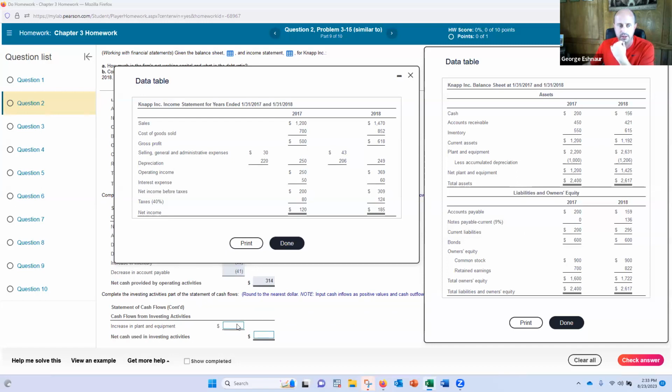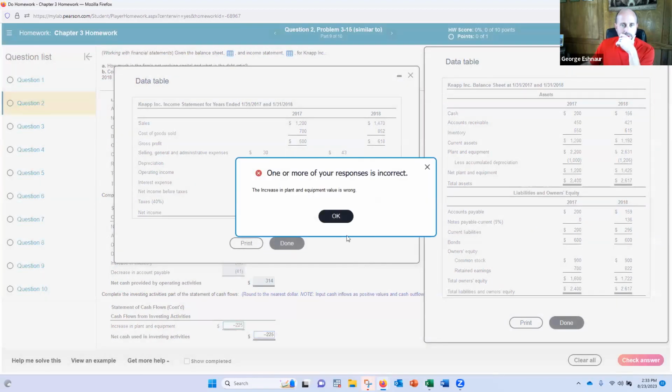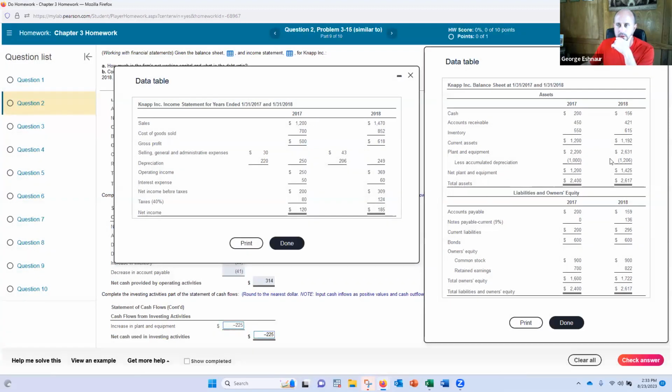So that's going to be an outflow of 431.